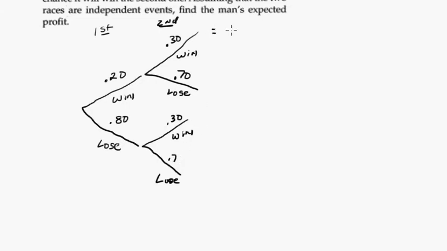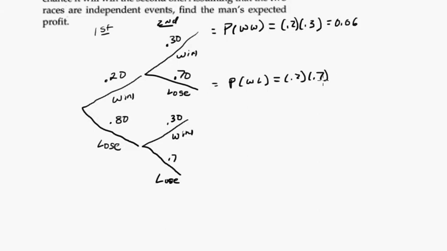So the probability of win-win is going to be 0.2 times 0.3, so that's going to be 0.06. And then the probability of win-lose is going to be 0.2 times 0.7. So that's going to be 0.14.